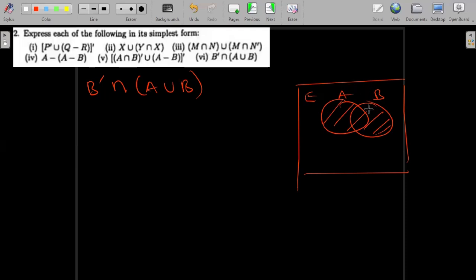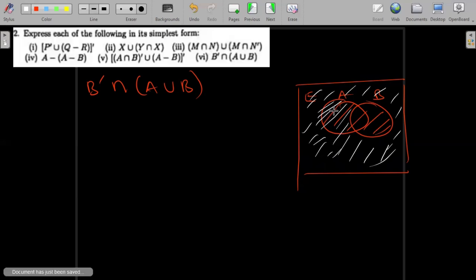B complement is everything outside the set B. So everything outside the set B, I'm going to have that there, like that, all the way up to there. That's what I'm going to get. I'm not going to shade set B, but everything just outside the set B.